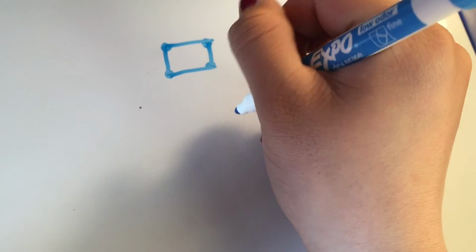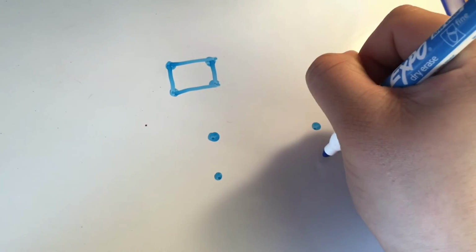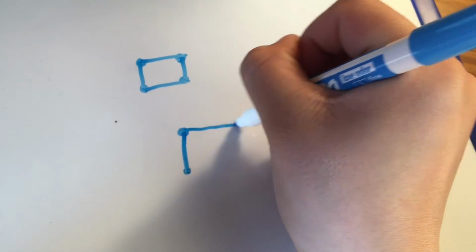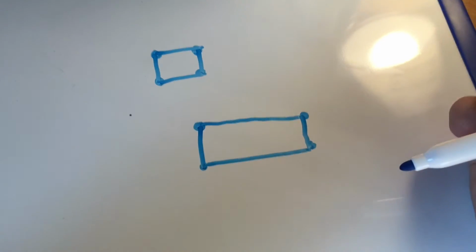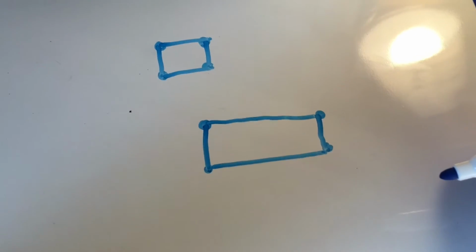We know this works because it is a four-sided enclosed shape and it's not 3D. Another shape that we could draw is a rectangle. And again, we know that these work because they are four sides, they are enclosed, and they're not a 3D shape.